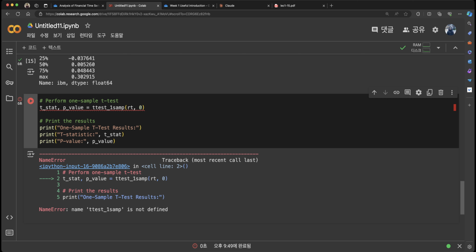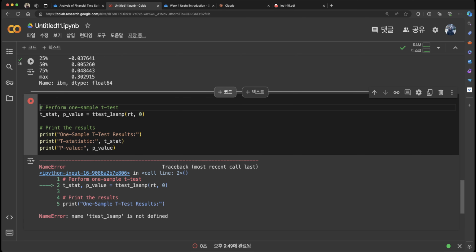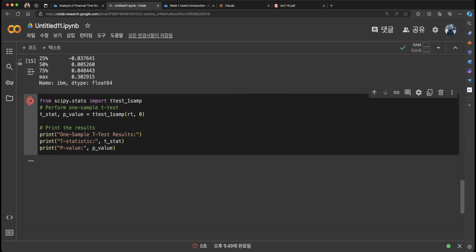ChatGPT or Claude, they are amazing. Nowadays it is very easy to learn code. Even though you know nothing about coding or Python, you can do advanced analysis like this.